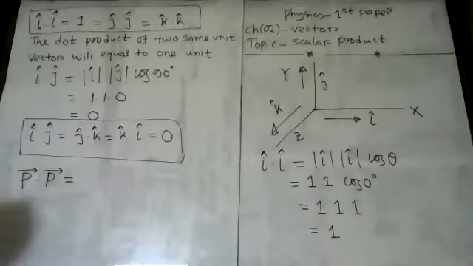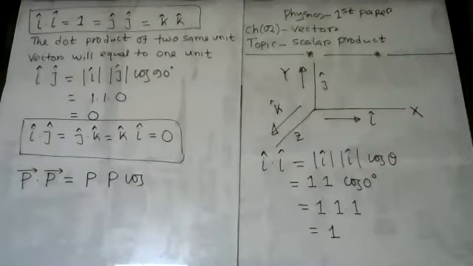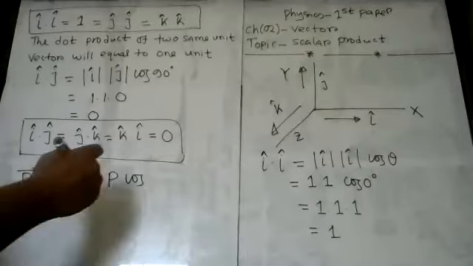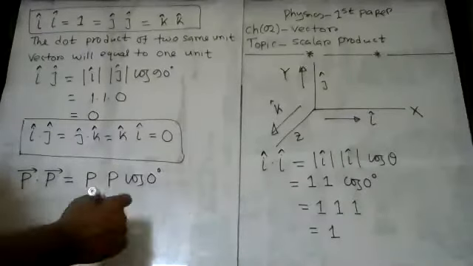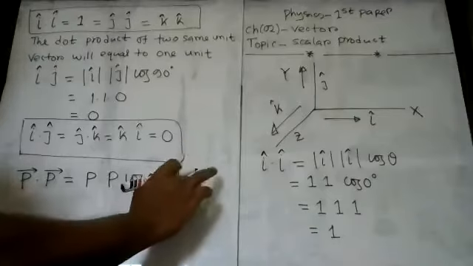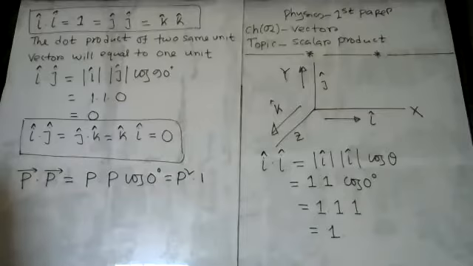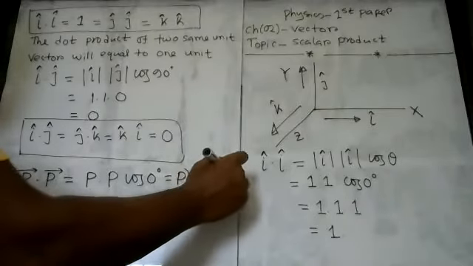Vector P dot vector P will equal the magnitude of P multiplied by the magnitude of P, and then the cosine of the angle between the two same vectors P. What is the angle between two same vectors? It is 0 degrees. So this is not 1, this is P square into 1, which is nothing but P square.